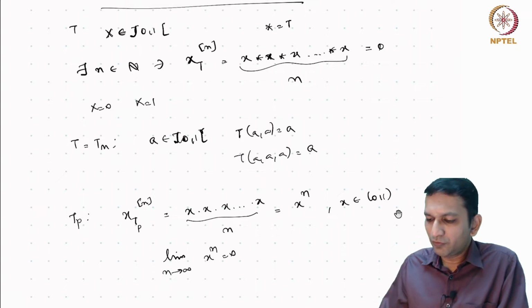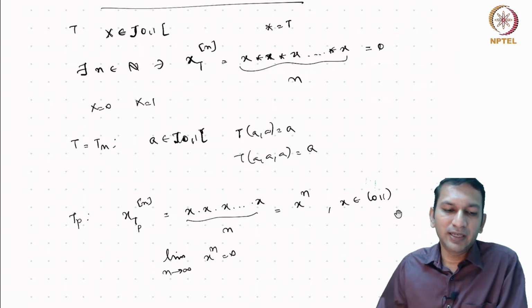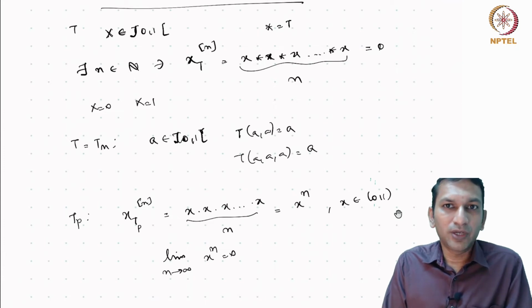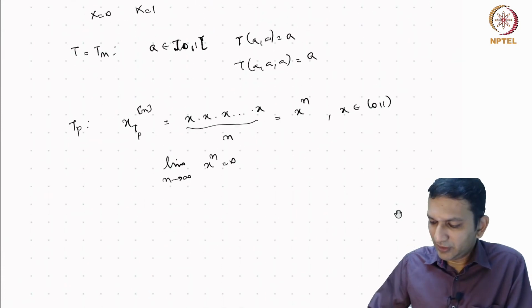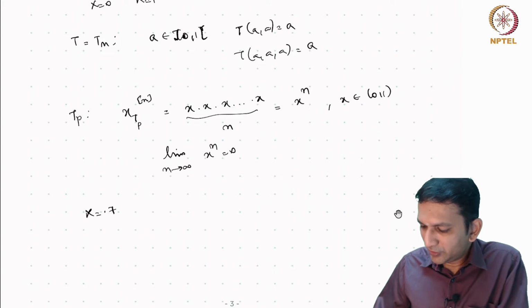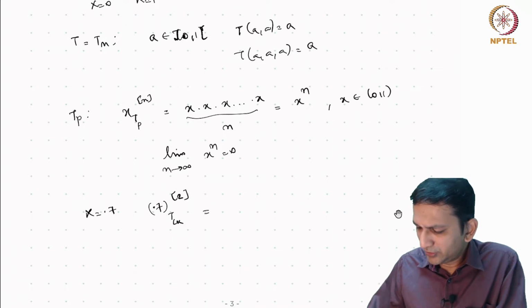However, for no finite or countably finite n, it is going to touch 0, which means no element is a nilpotent element here. What about the Lukasiewicz t-norm? Yes, it can be seen that if we consider this, let's take x to be 0.7. Now, 0.7 with respect to Lukasiewicz, let's do n is equal to 2. That means it is t of 0.7, 0.7.